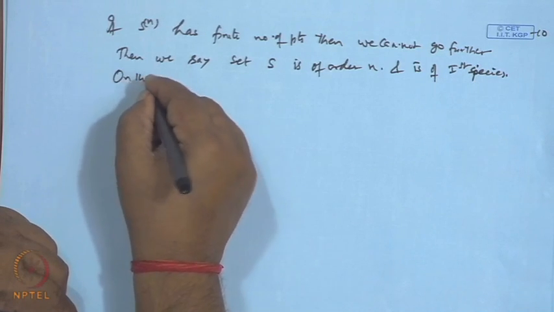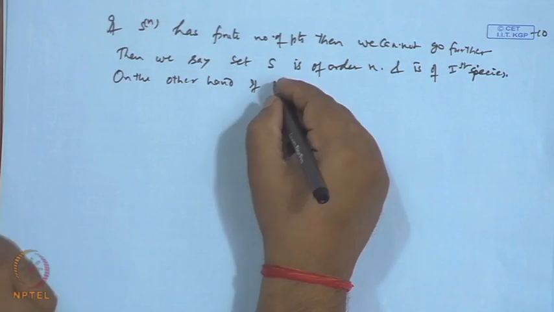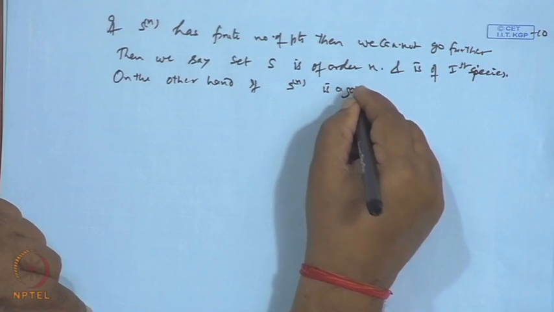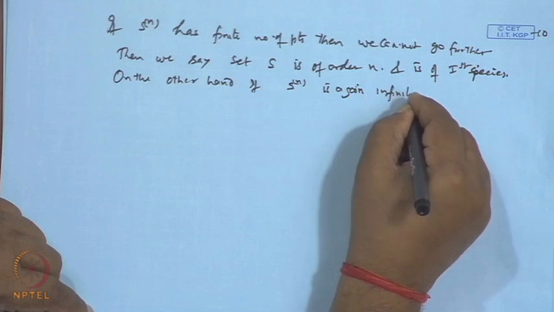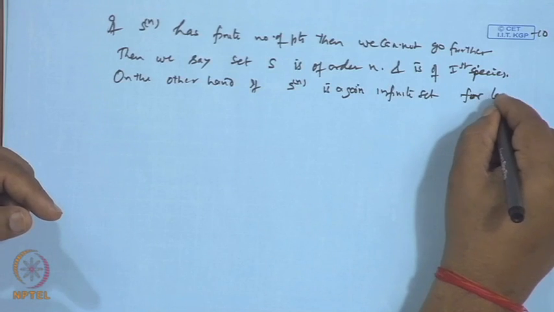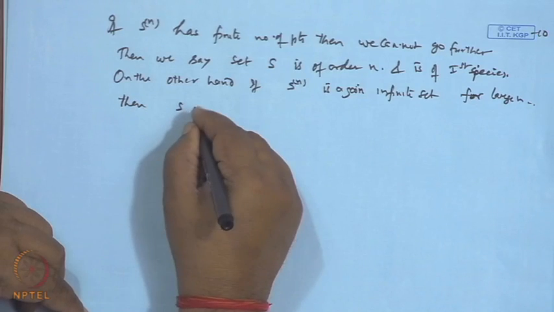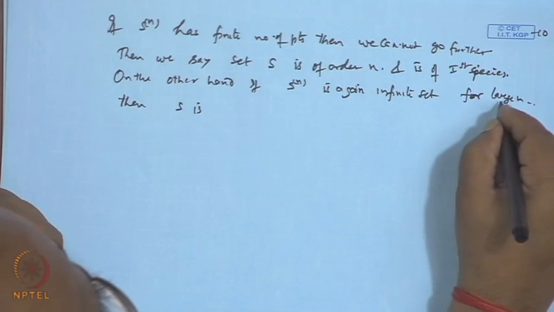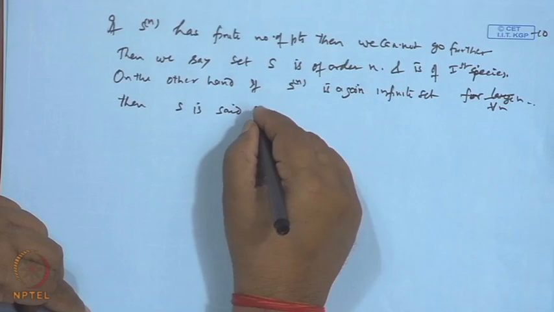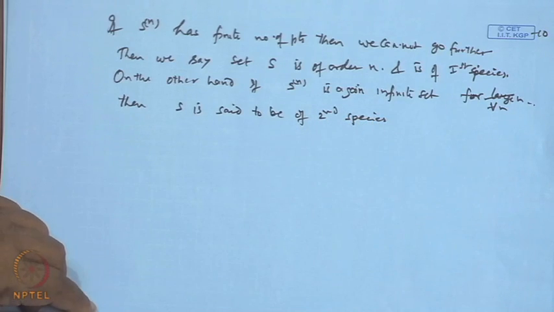On the other hand, if S n is again an infinite set for large n, that is, for every n, then S is said to be of second species. So, this is the way.